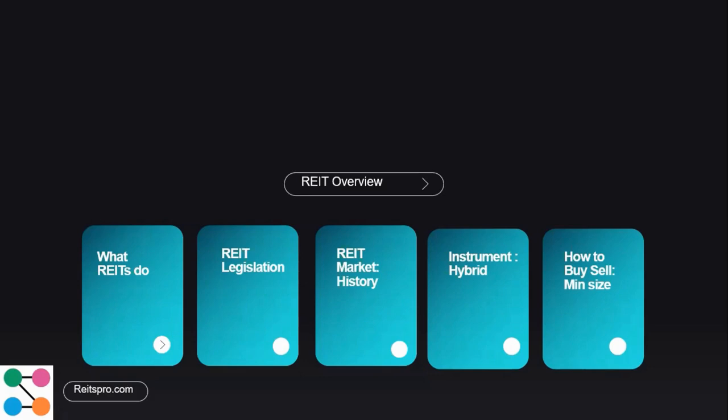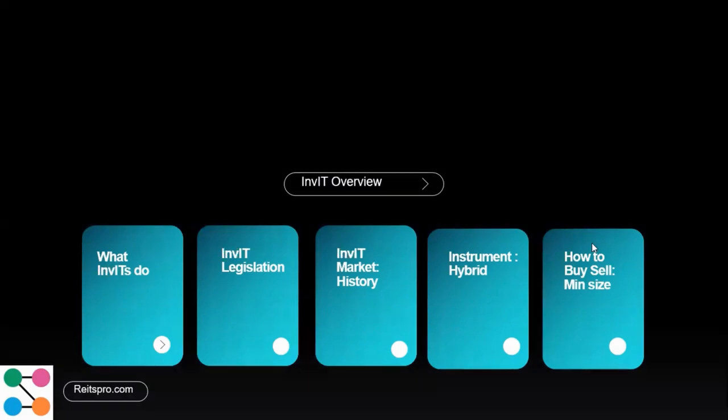So you can buy and sell just like a normal equity stock, just 1 share or 1 unit. It's called a unit today and not a share, though it's essentially an equity stake in the REIT, which takes property and owns it. Let's go on to the InvIT overview.